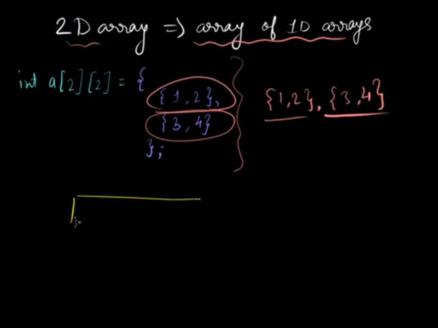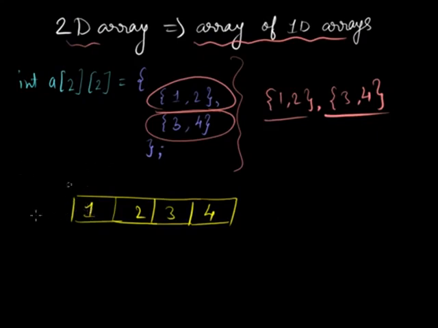So we have our memory, the first element 1, 2, 3 and 4. The first array here, then the next array, and so on. So in the first array the elements, in the next array its elements. So array by array it is laid down like an array.